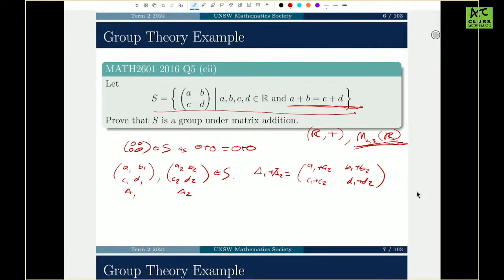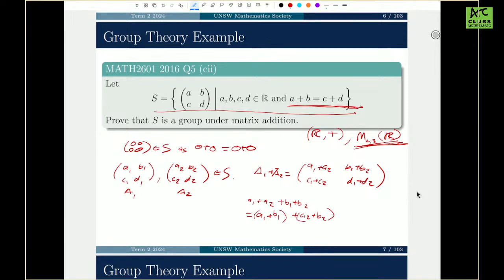So A1 plus A2 plus B1 plus B2 equals, after rearranging, A1 plus B1 plus A2 plus B2. I'm going to put brackets around these.